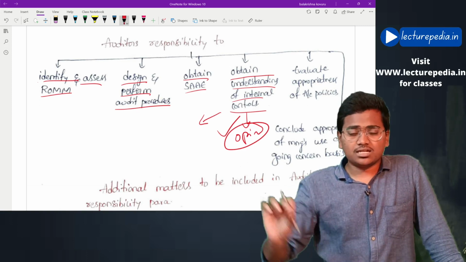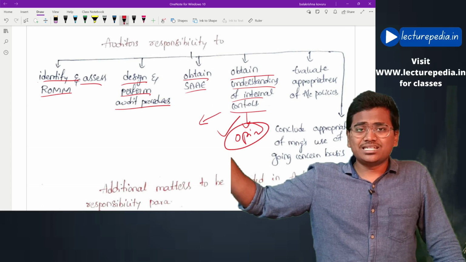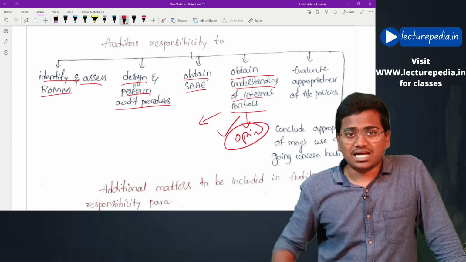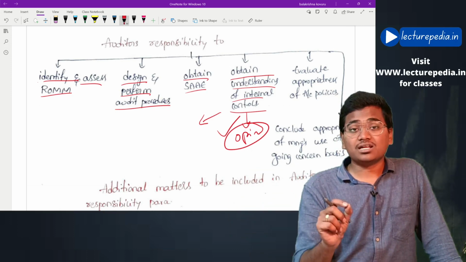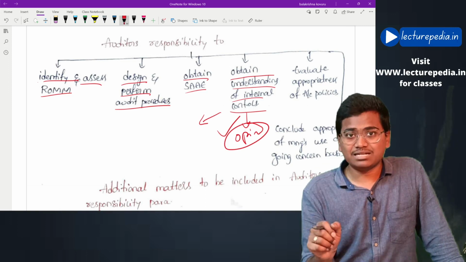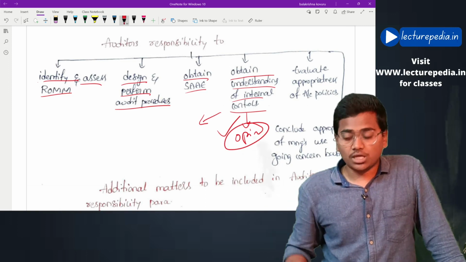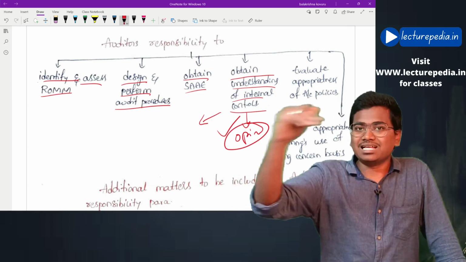In that report, which is dealing with internal controls over financial reporting process, ICFR, that is related only to internal controls that are established around the financial reporting process. Only on that we will be giving opinion in that report, but not on other internal controls.